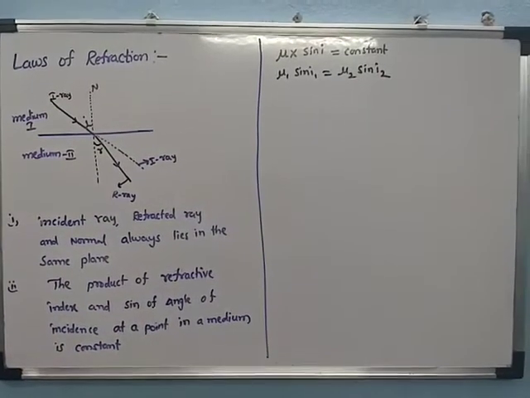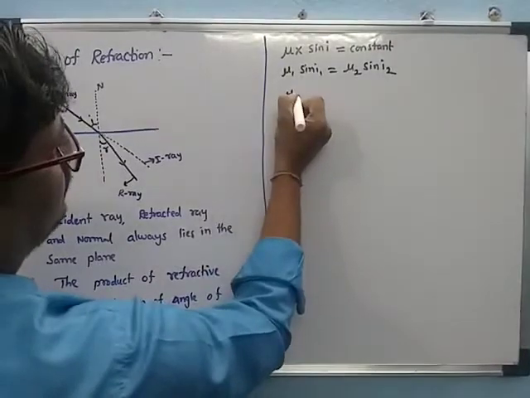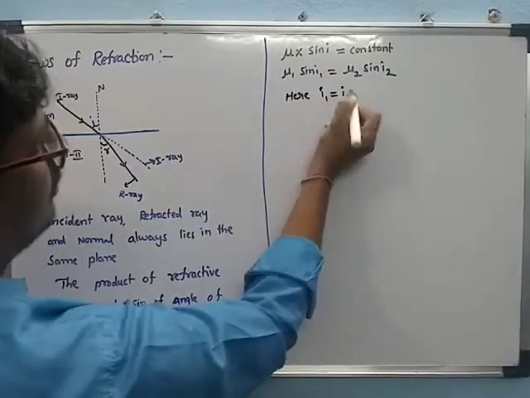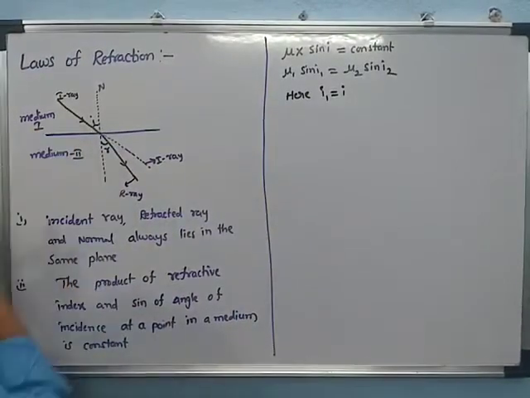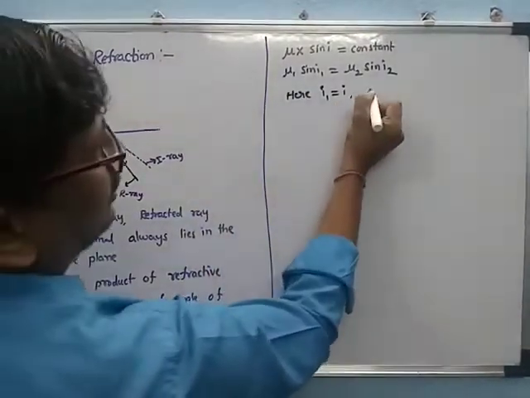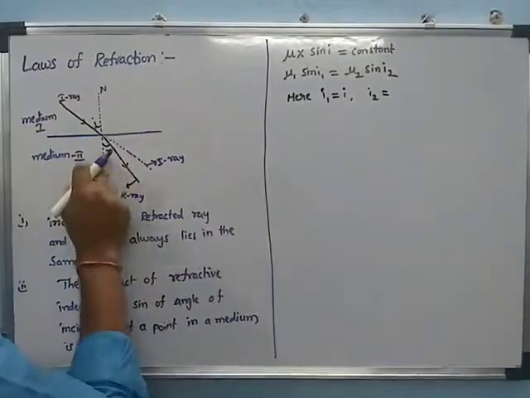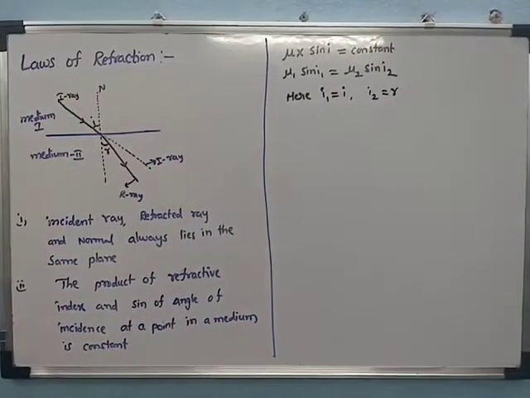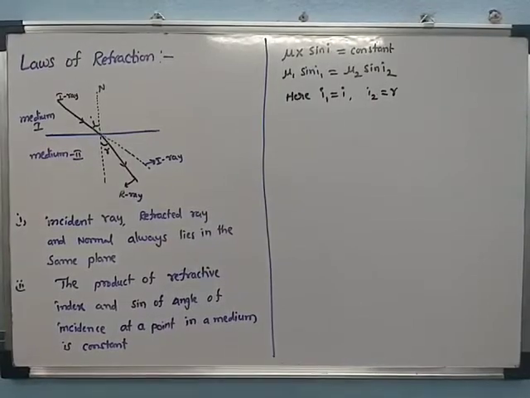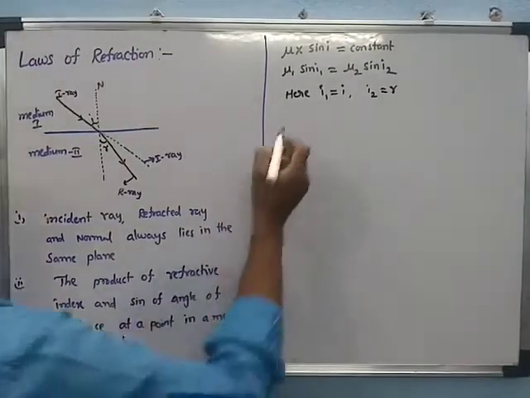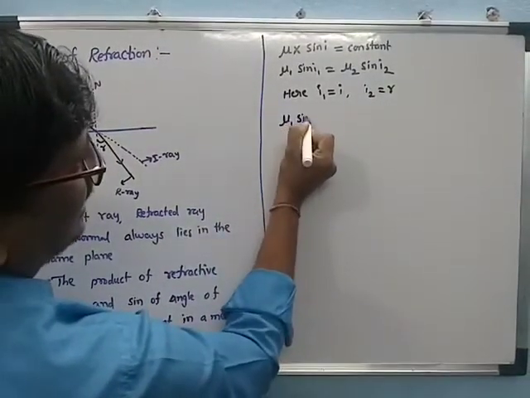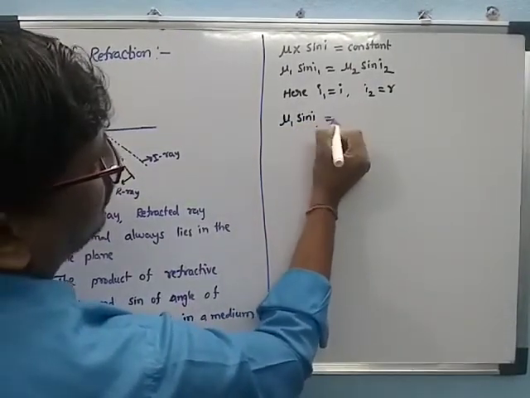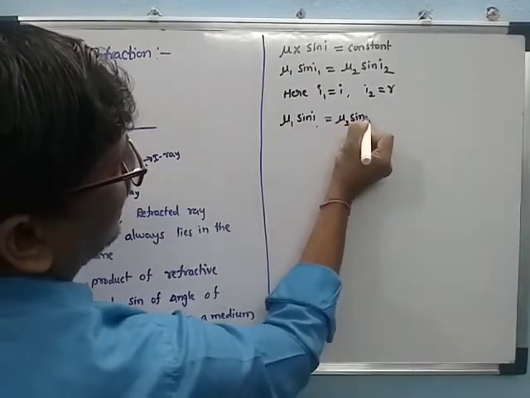Here I1 is equal to I, the angle of incidence, and I2 is the angle of refraction, the small r. Substituting, nu 1 sine I is equal to nu 2 sine r.